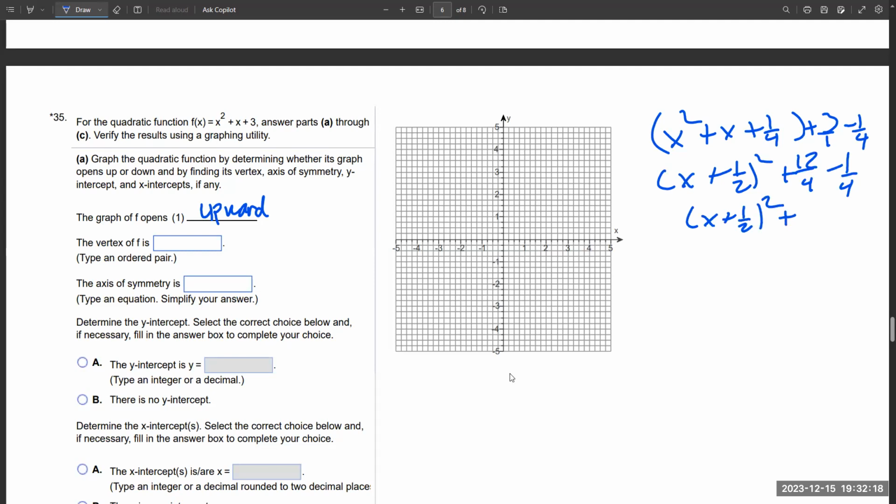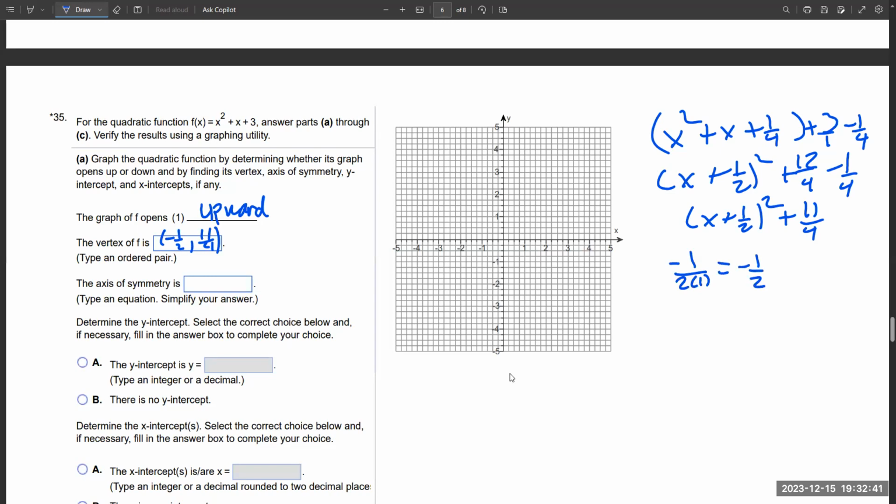Now remember, you can use your vertex formula as well to get the vertex. I'm just practicing completing the square because we talked about how important that's going to be. But if I had instead said that my vertex was at -b over 2a, I'd get my -1/2.